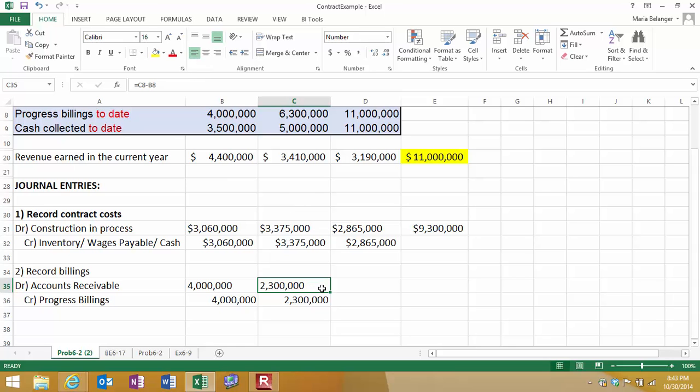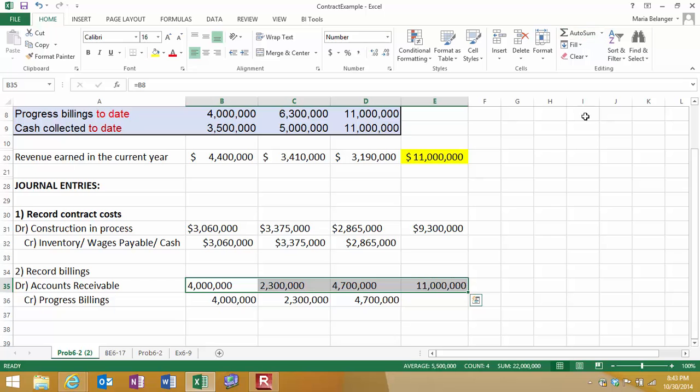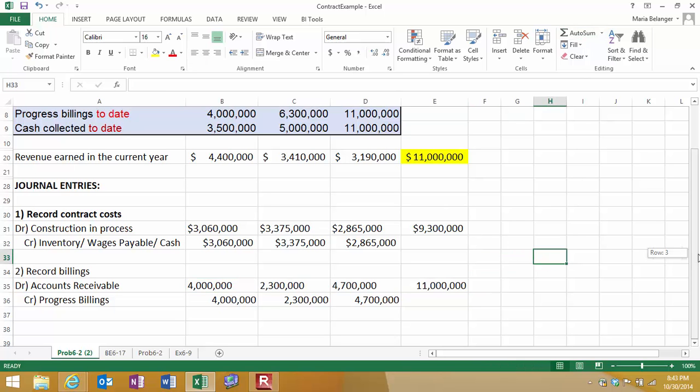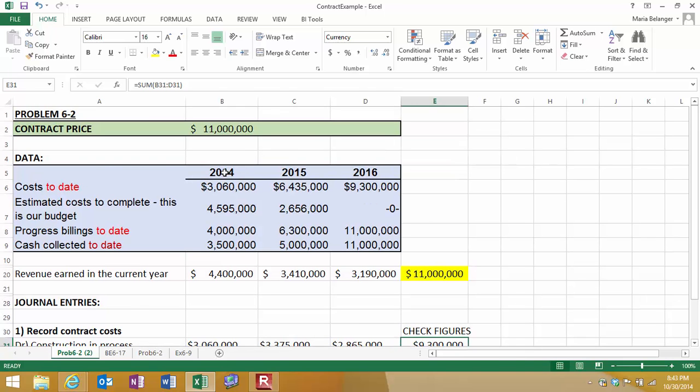Push this over to the side, so now I just fill in for 2016, and again with my check figure right here, I'm just going to add a cross, and this adds up to my contract price. So I've captured all my data. So again here, just to show that these are my check figures in this column right here. And I'll just copy over my years here just to make sure we remember which year we're talking about.